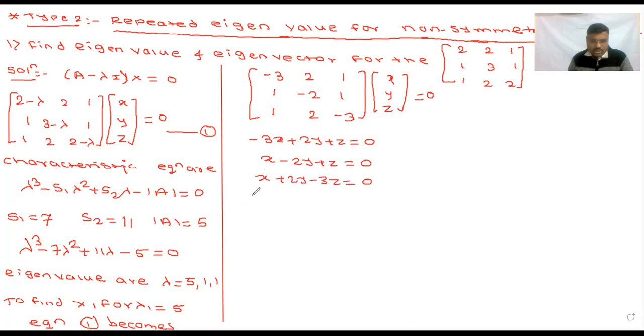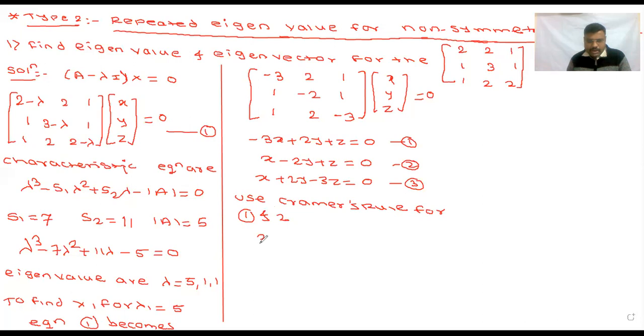Now use Cramer's rule for two different equations. Which two equations? Use Cramer's rule for equations 1 and 2.